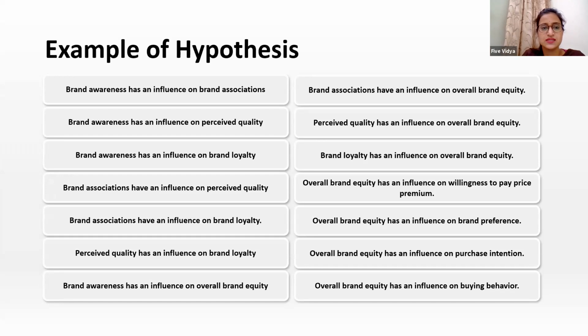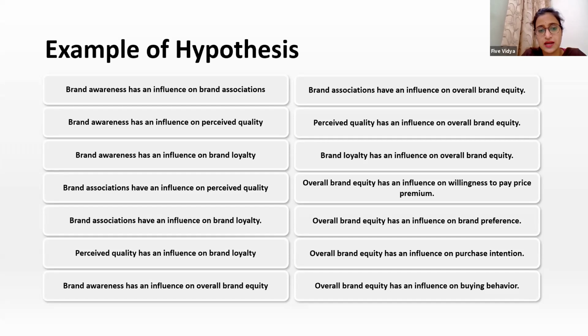all the hypotheses are somehow related to all the variables which we have identified from literature review. You can see brand awareness has an influence on brand associations, which are again 2 variables of brand equity. Likewise, you can see all the variables are somehow related here.